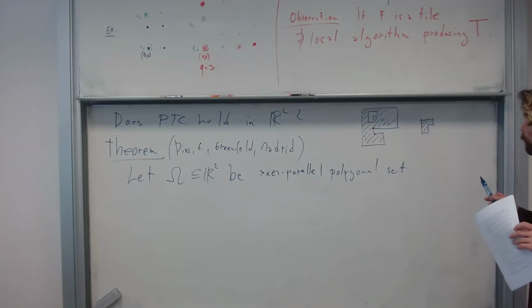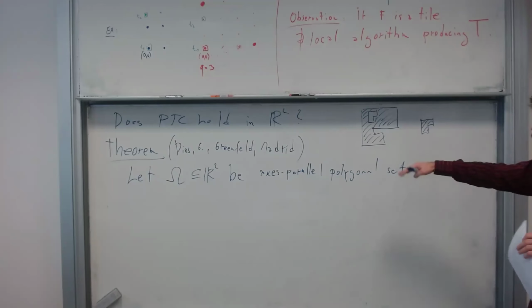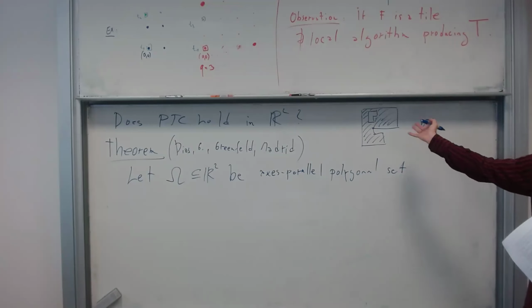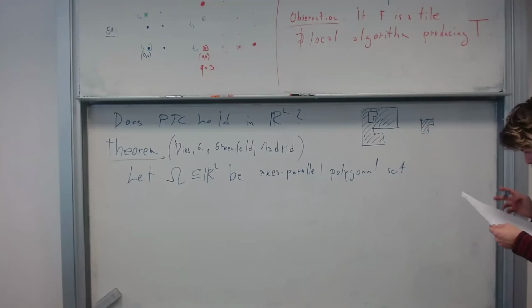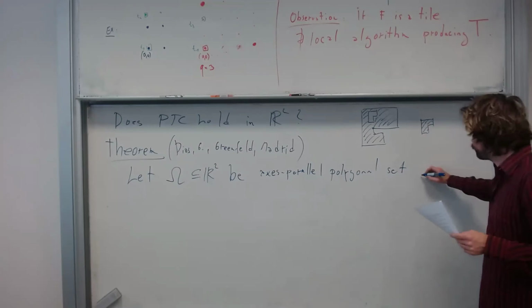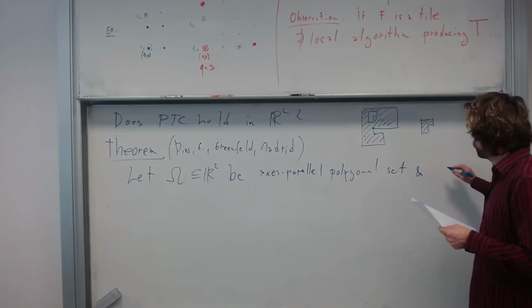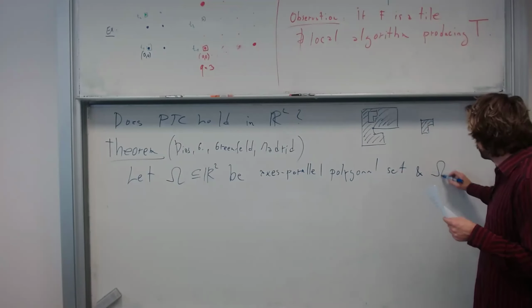Yeah, so I will now say something about tilings. If this is a tile, what happens? Okay, so I have such a set, and now I assume that it's a tile.